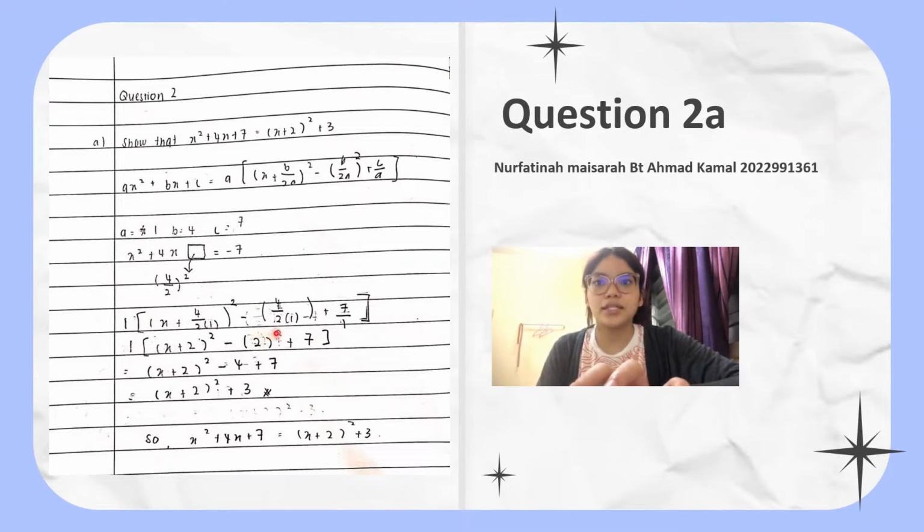So 2 squared is equal to 4, and this one right here has no changes. So we're just going to solve this, which is negative 4 plus 7 is equal to 3. So we got (x + 2) squared plus 3. So we can prove that x squared plus 4x plus 7 is equal to (x + 2) squared plus 3.